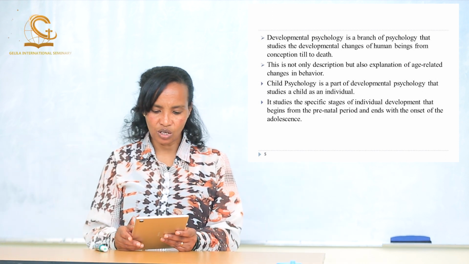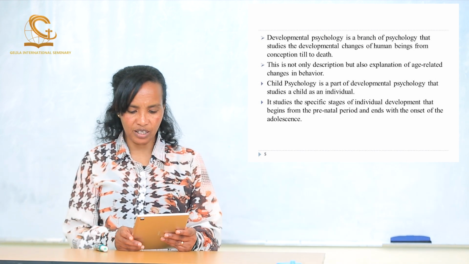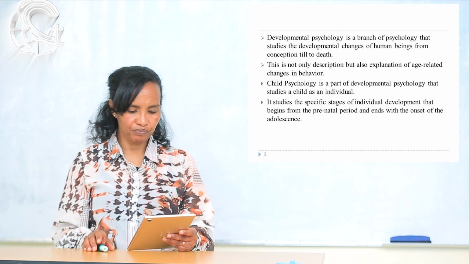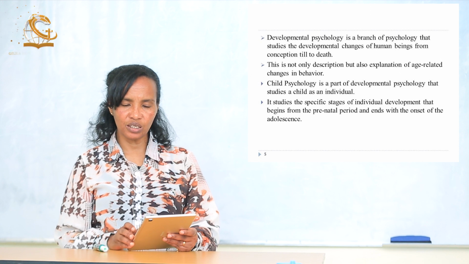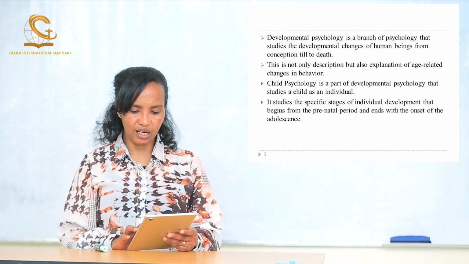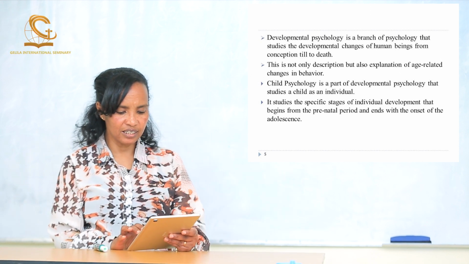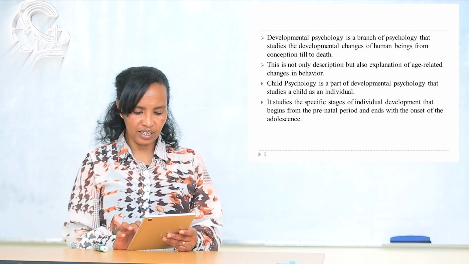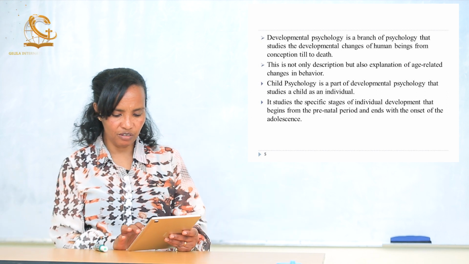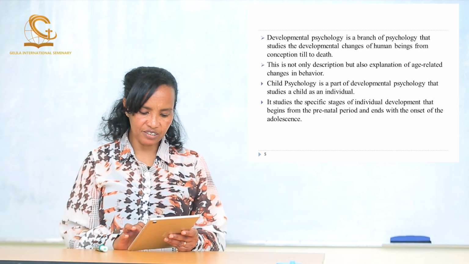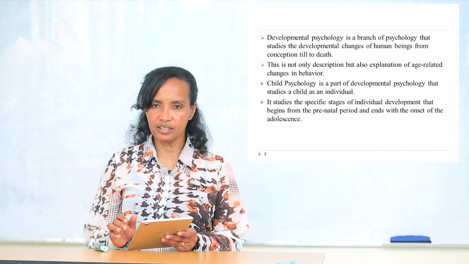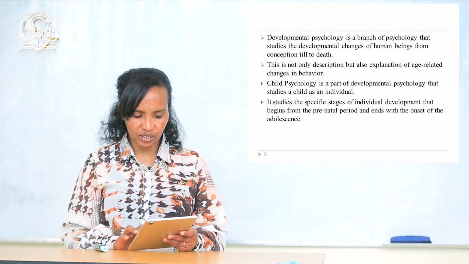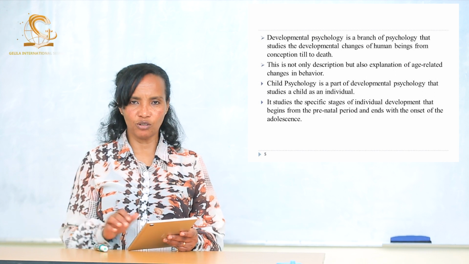So this is not only description but explanation of age-related changes in behavior. There is also child psychology. It is a part of developmental psychology that studies a child as an individual. It studies the specific stage of individual development that begins from the prenatal period, that is before birth, and ends with the onset of adolescence.